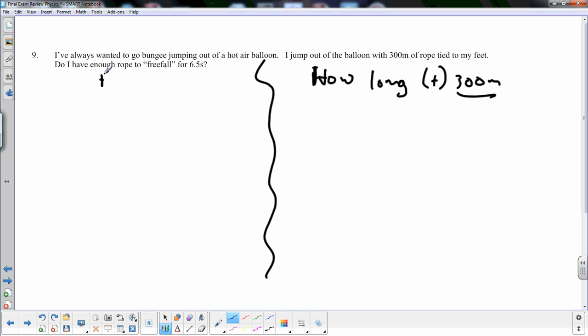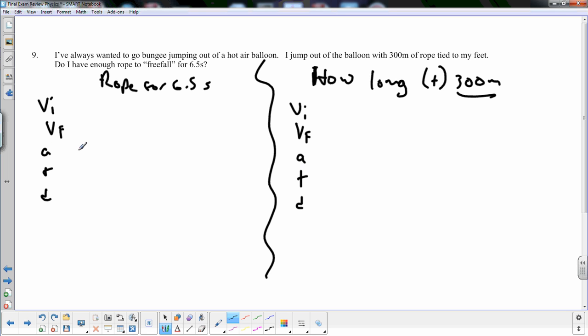All right, so we're going to do VI, VF, ATD. You're going to see this is very similar. In both of these, the initial velocity, because we're bungee jumping, is 0. In both of these, the acceleration is negative 10. This is the difference. We're going to use 6.5 seconds here and solve for distance.